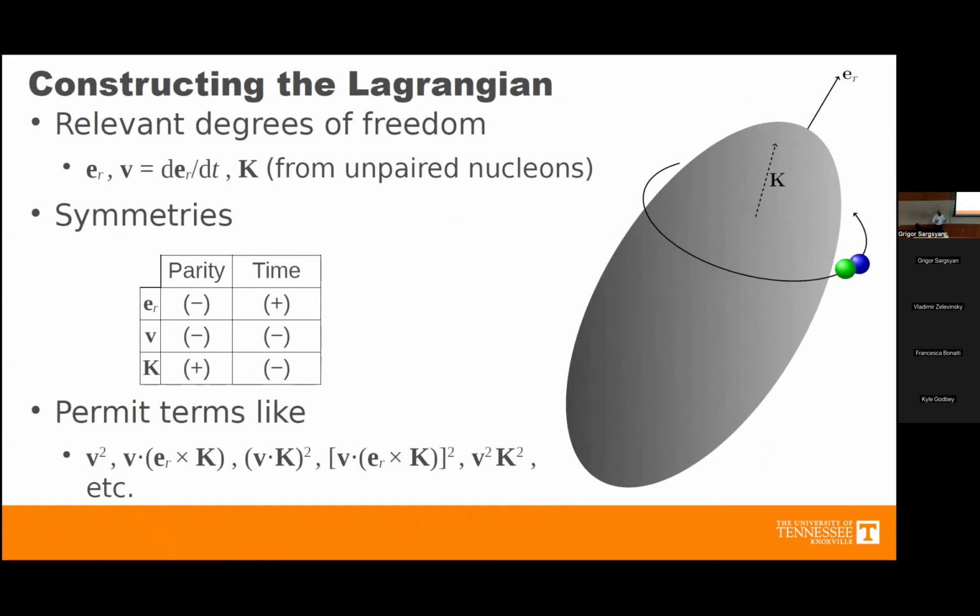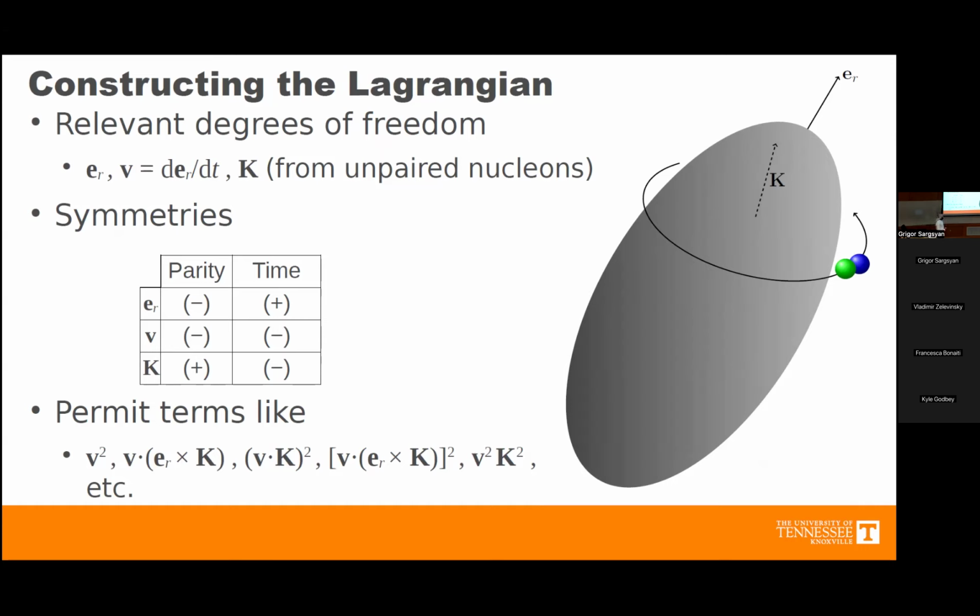As far as describing these things, in order to get a spectrum to really work with, we need to construct a Lagrangian. So looking at the relevant degrees of freedom that we've got here, we have the orientation of that even core, which again, at leading order, we assume is a rigid rotor.